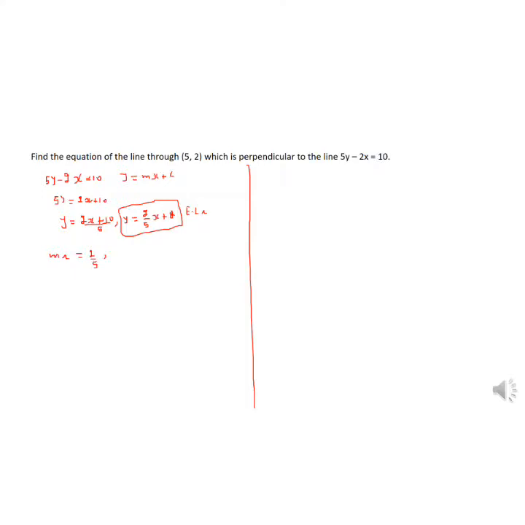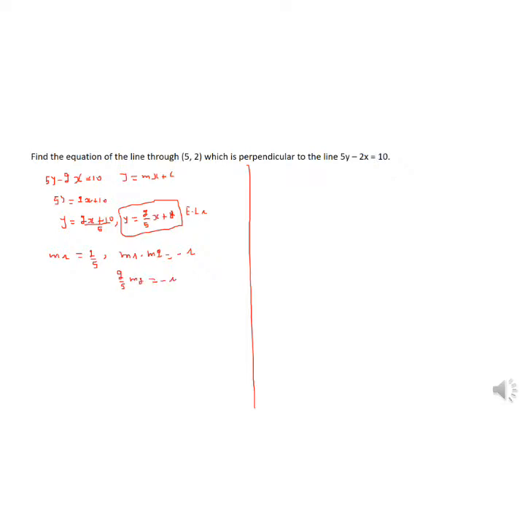Remember that two lines are perpendicular if m1 times m2 is equal to negative 1. So now replace m1 by 2/5, and we get 2/5 m2 is equal to negative 1.